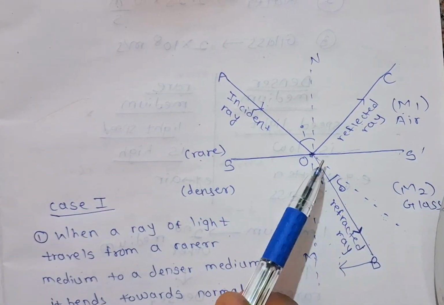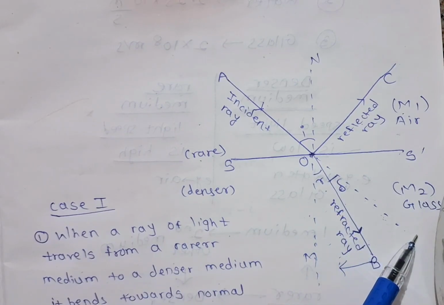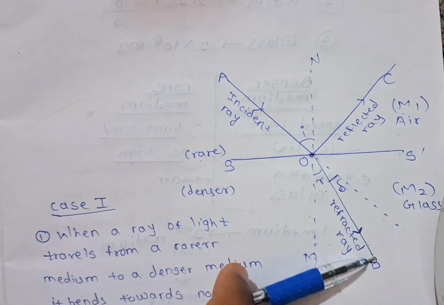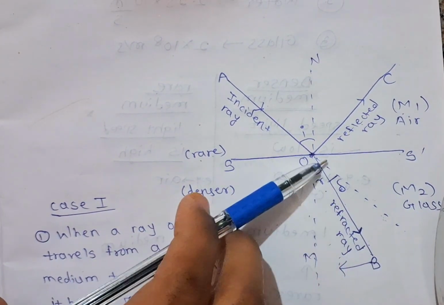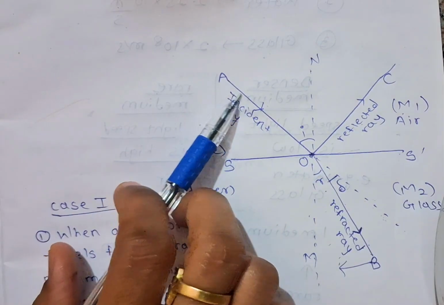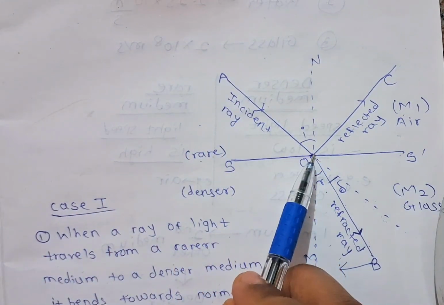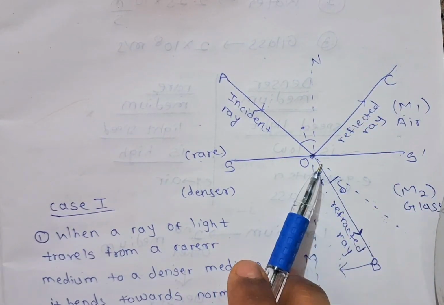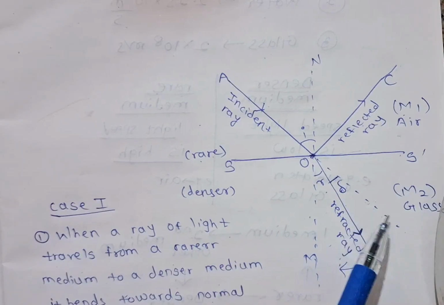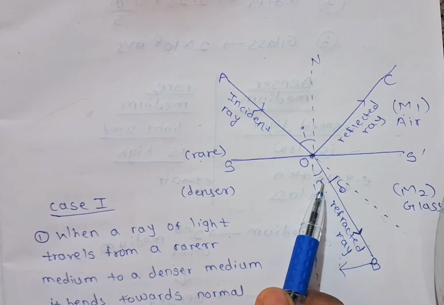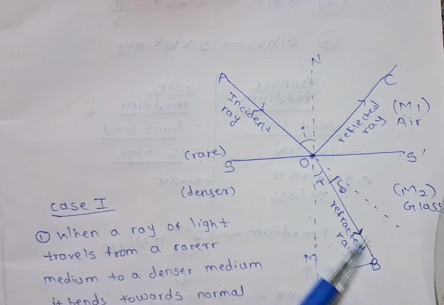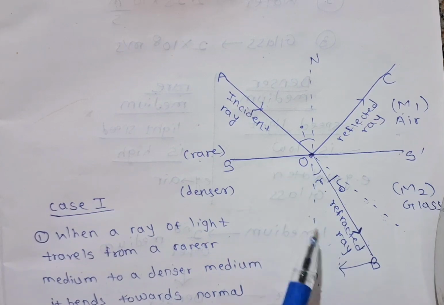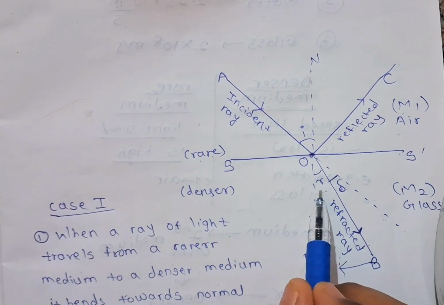Now this light must follow this straight path, but it gets deviated and follows this path. This incident ray makes some angle with the normal, i. The ray should follow this path, but it gets deviated here, and this refracted ray makes some angle with the normal, called the angle of refraction.